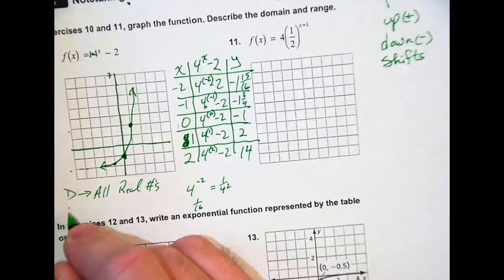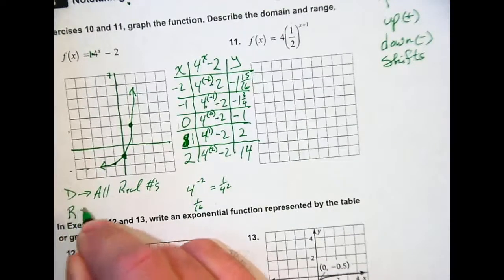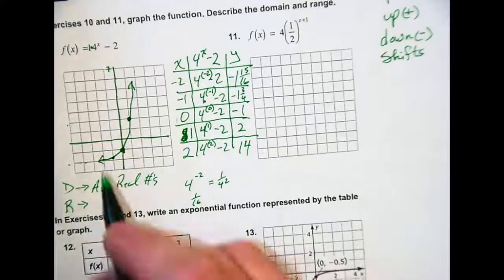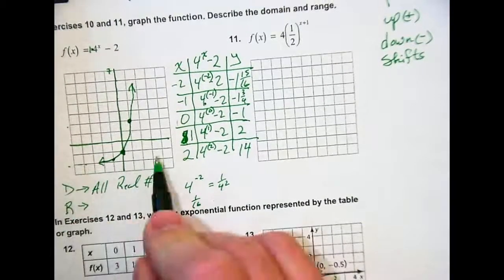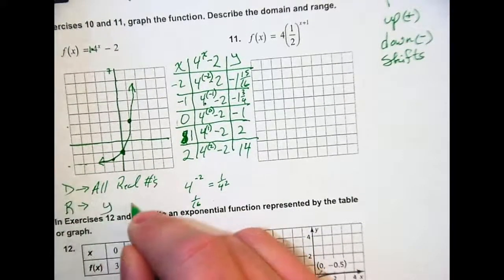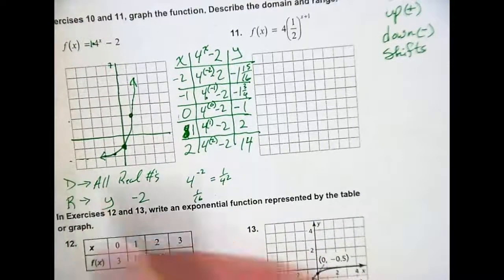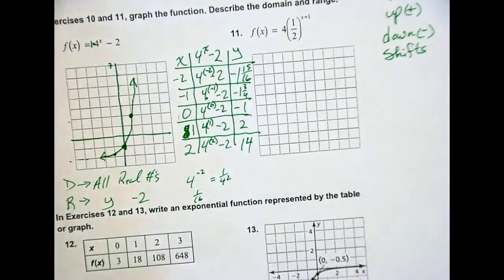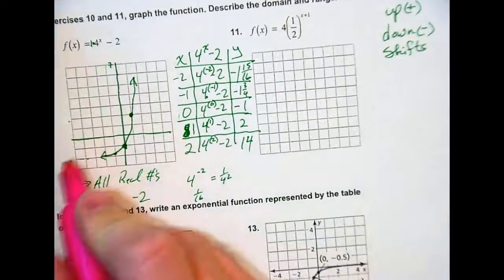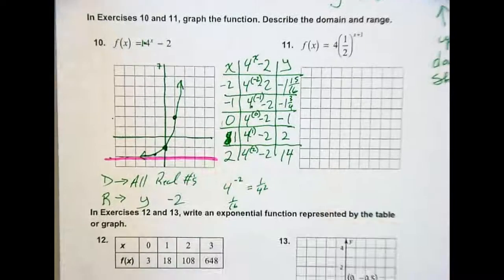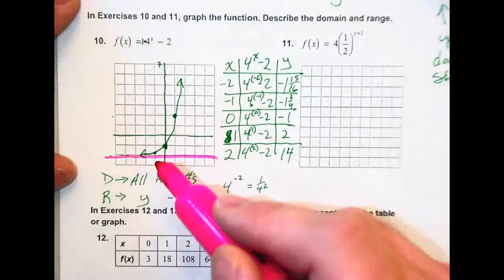Where does it stop moving on the y-axis for a range? Yeah, -2. It's approaching -2. So that means y is approaching -2. Now, from the line -2, which I'll highlight on here, that's the line I'm approaching. Am I getting bigger or smaller?